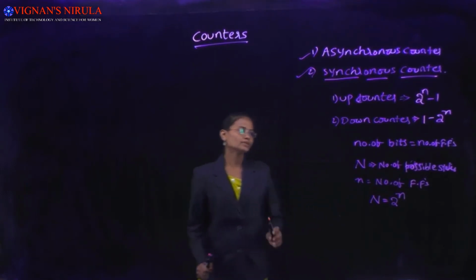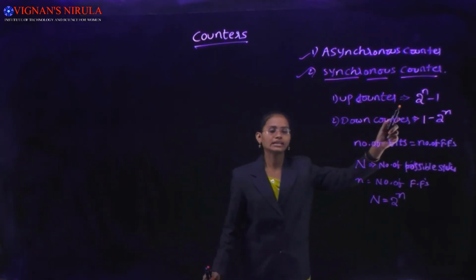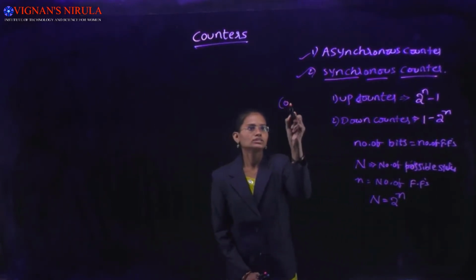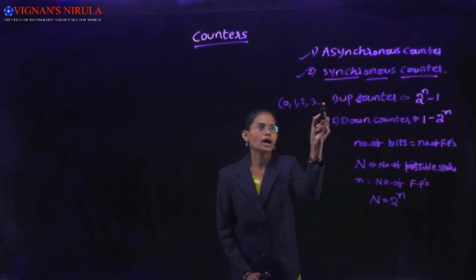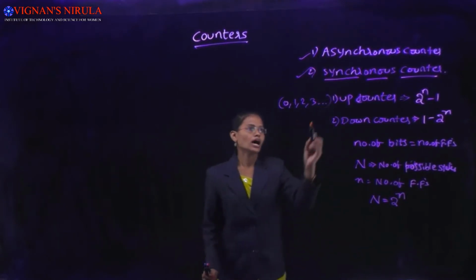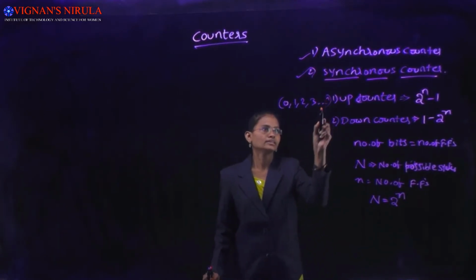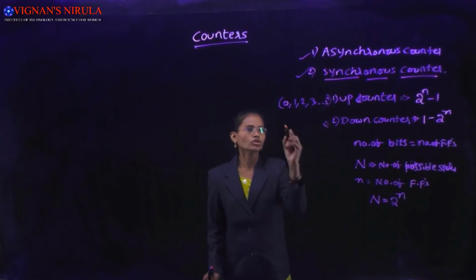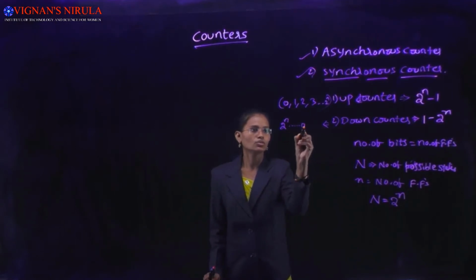Okay, coming to the up counter, it counts 0, 1, 2, 3 and so on, up to 2 power of n minus 1. And next coming to the down counter, it counts down like 3, 2, 1 and 0.